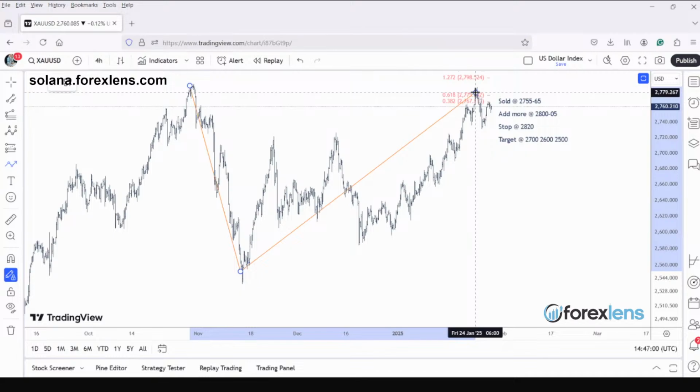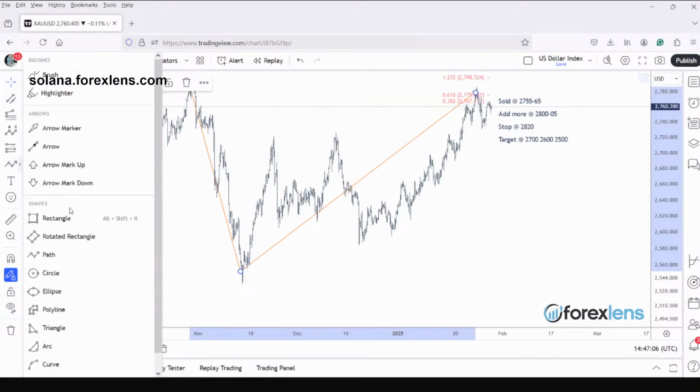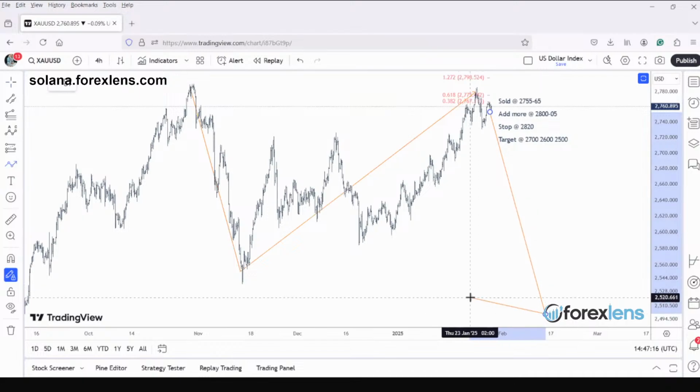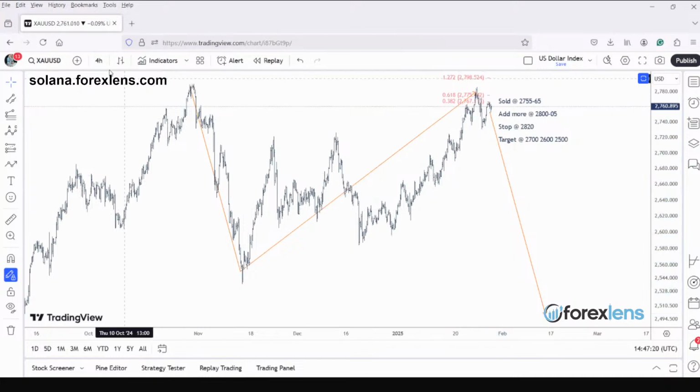Then we are going to see prices decline or prices resume lower from here itself. That's a neat little corrective structure, ABC, that we are expecting price action to unfold.